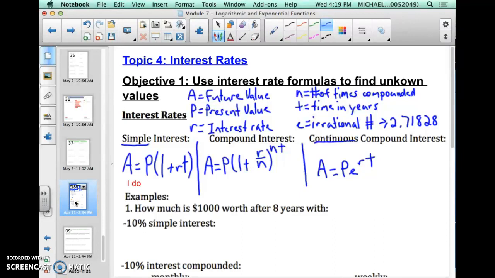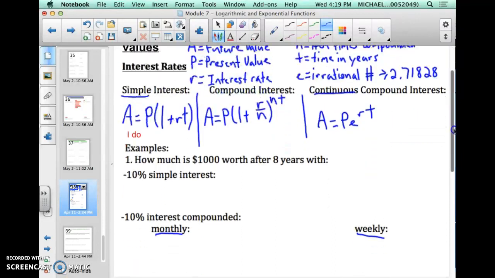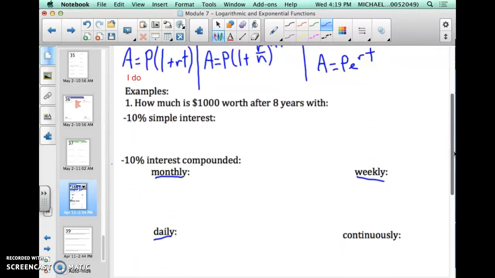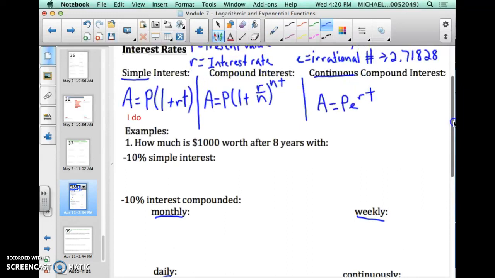For the first one, the question asks, how much is 1,000 worth after 8 years with 10% simple interest? A couple things I want to note when looking at this problem is, first, what variables can I identify? Before I list out my variables, I'm going to look for the keyword, which tells me which formula to use.